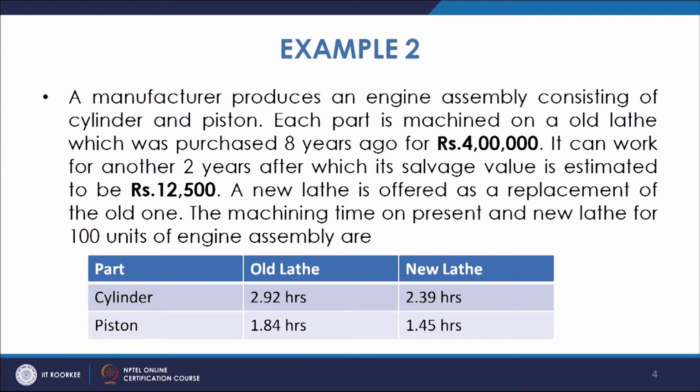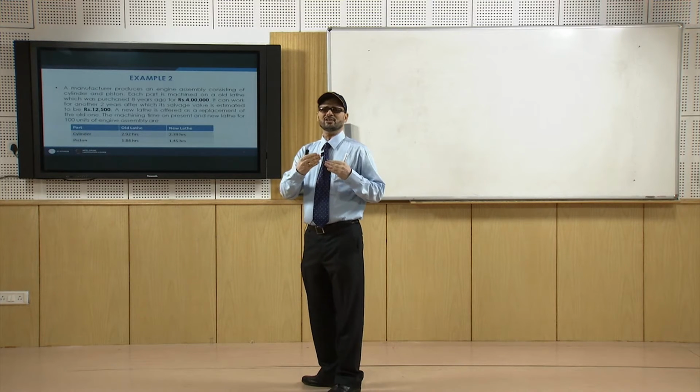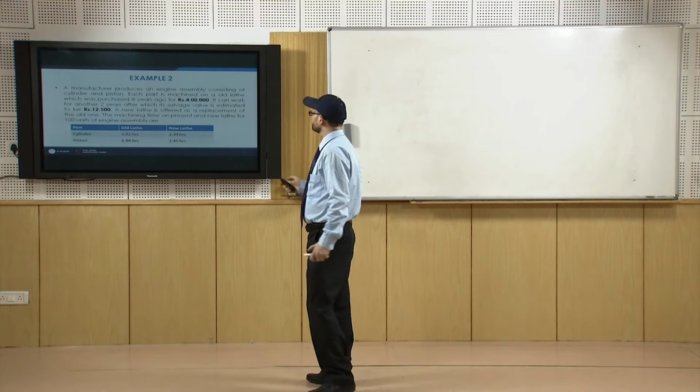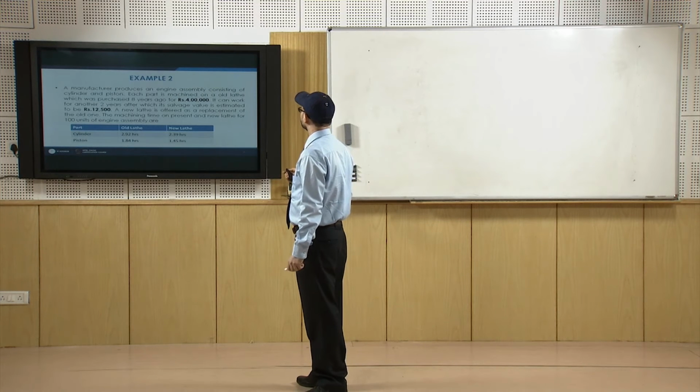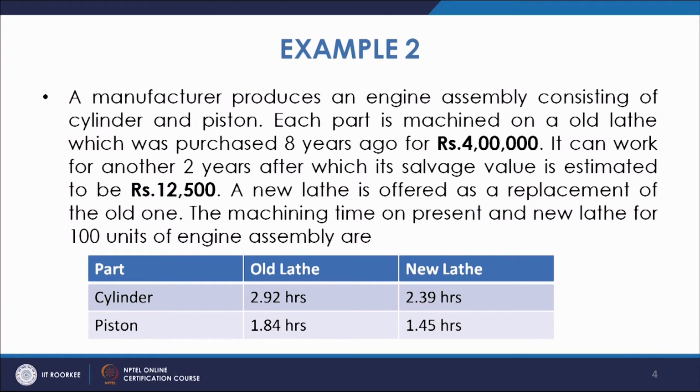Next we can discuss another problem which deals with the change in the machine time and also other considerations like sunk cost. In this question it is said that a manufacturer is producing an engine assembly which consists of a cylinder and piston, and the cylinder and piston are to be machined.